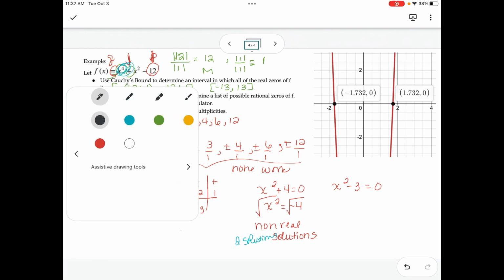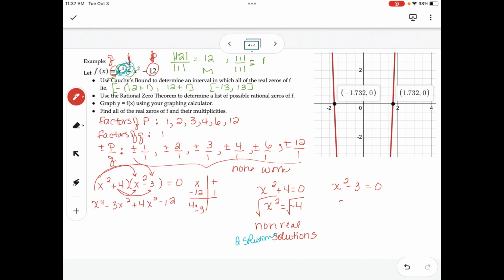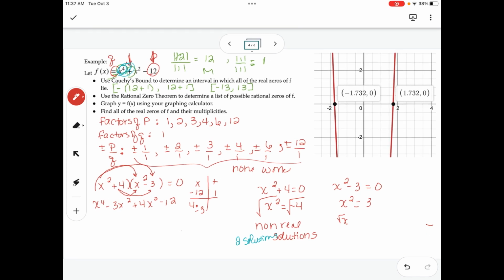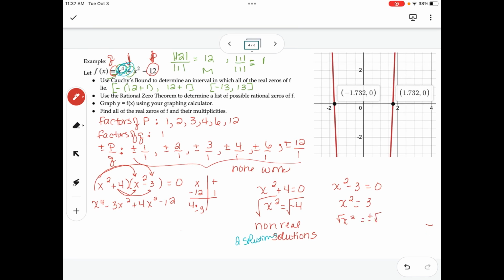However, for our real solutions that we are able to see, we can add 3 to both sides, and then take the square root. So x is equal to plus or minus the square root of 3, which is negative square root of 3 and positive square root of 3. The other 2 are ones that we cannot see because they're imaginary. Again, we will talk about that in our next lesson. And each one of these has a multiplicity of 1.